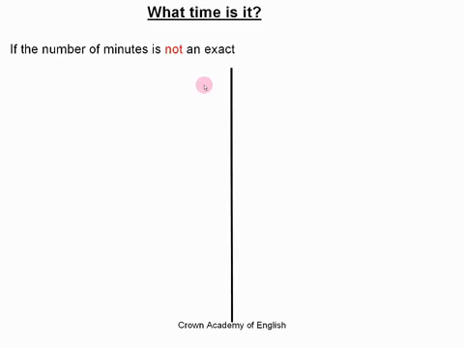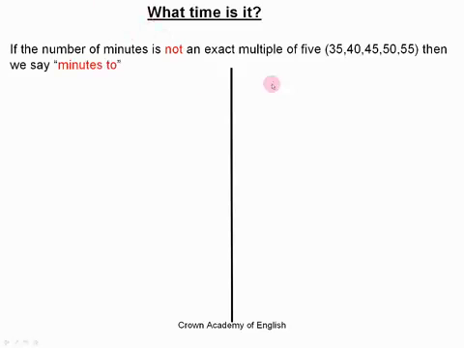And again, we have the same rule. If the number of minutes is not an exact multiple of 5, such as 35, 40, 45, 50, or 55, then we say minutes to. So we add the word minutes.